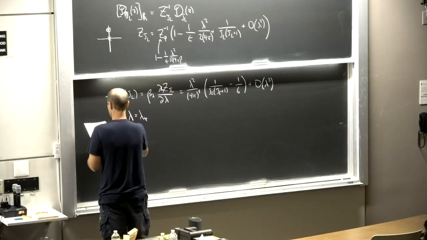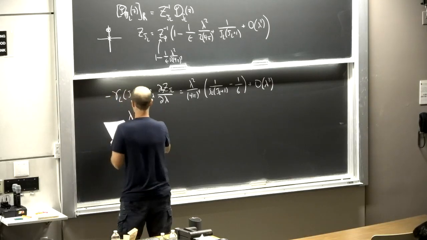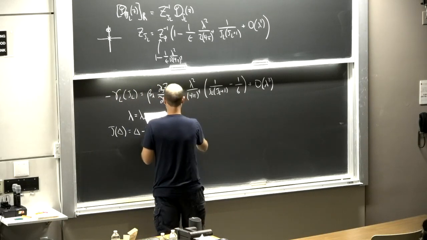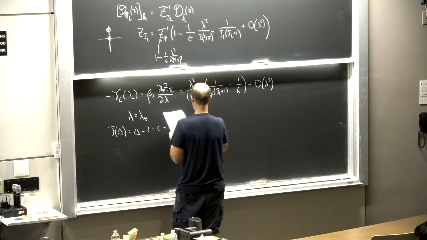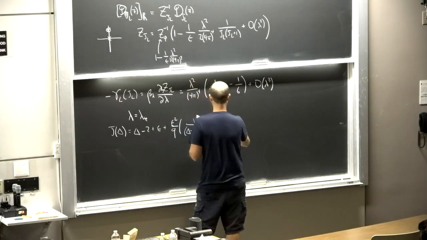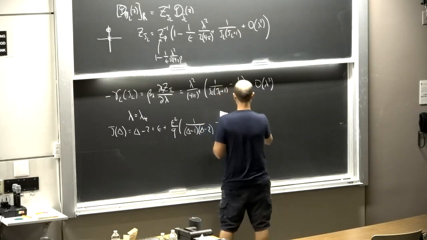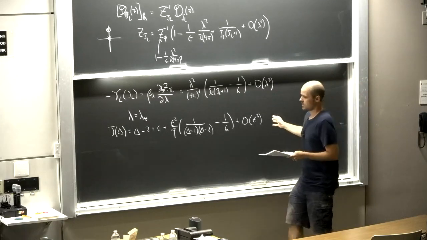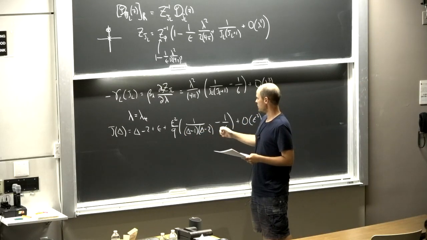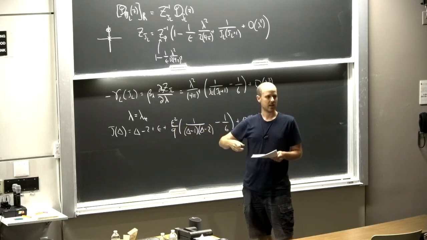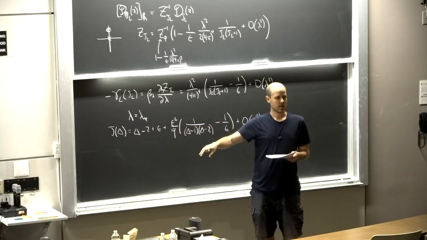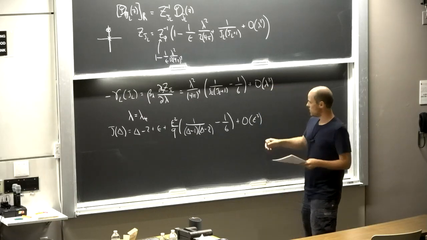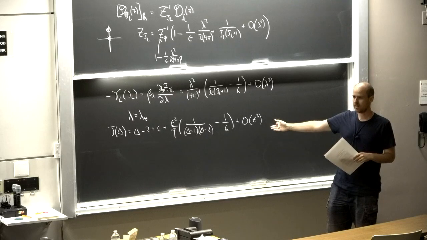And you get that j of delta is delta minus 2 plus epsilon squared over 9 times 1 over (delta minus 1)(delta minus 2), minus 1/6, plus order epsilon cubed. And if you take this equation and solve it for delta in terms of j and expand in epsilon, you get back exactly the anomalous dimension gamma of j that we talked about last time. So indeed, you get the same Regge trajectory, but in different coordinates.